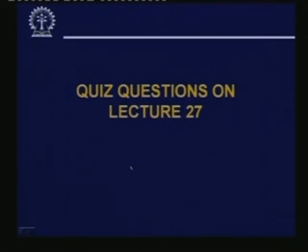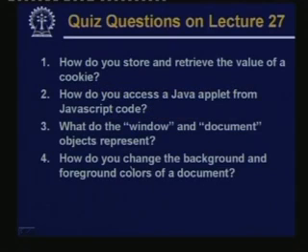So, now some questions from today's lecture. How do you store and retrieve the value of a cookie? This we have seen through examples today. How do you access a Java applet from JavaScript code?